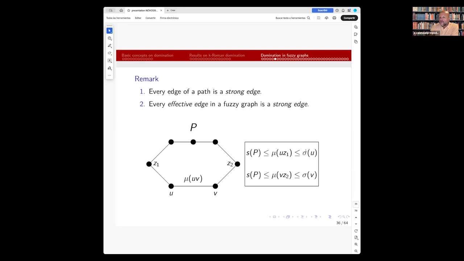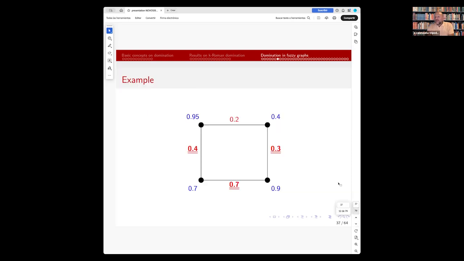But the minimum of these two values is exactly the value of mu of the edge, because the edge is effective. So we have that for any path P joining U and V, the membership value of the edge is greater than or equal to the strength of the path. So we are done.